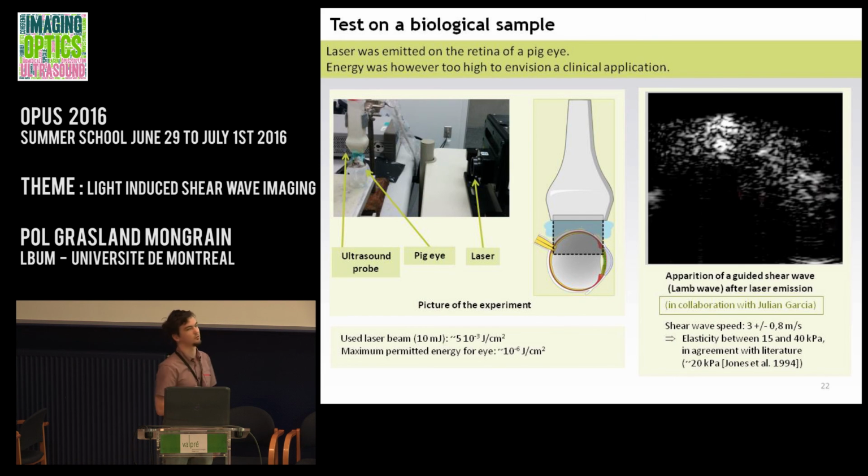I presented this result to show at least one result in a biological tissue, but it's not exactly a shear wave. Yeah, shear waves exist only in a bulk, in an infinite medium, and here it is obviously not a bulk, it is more a thin layer, and the physics is different for thin layers.